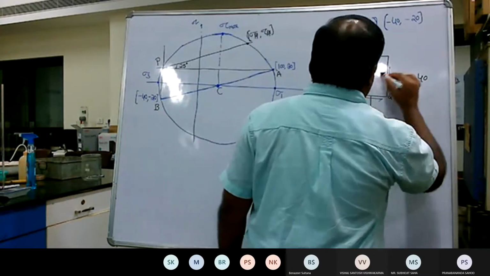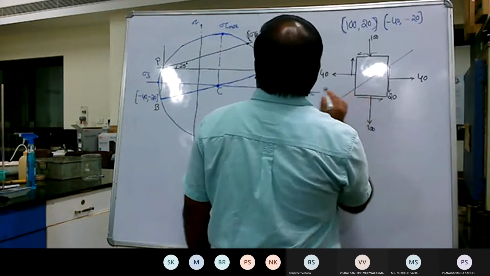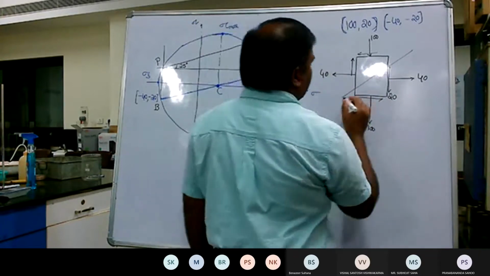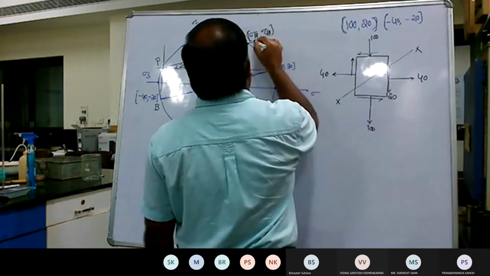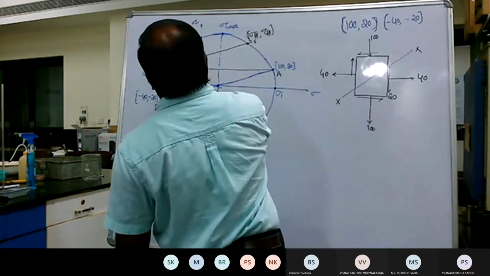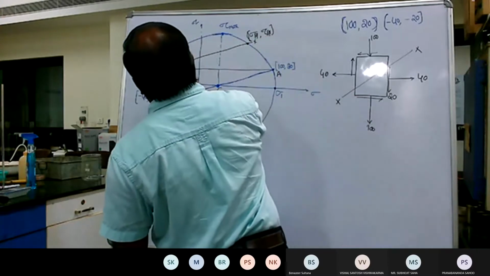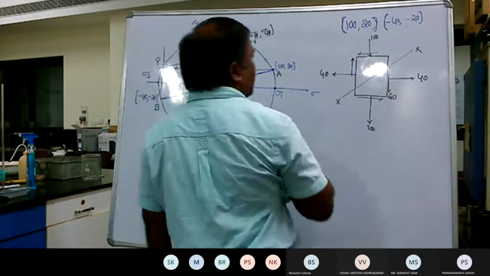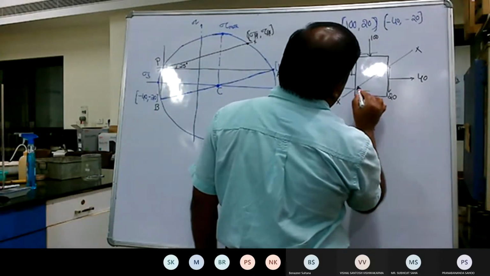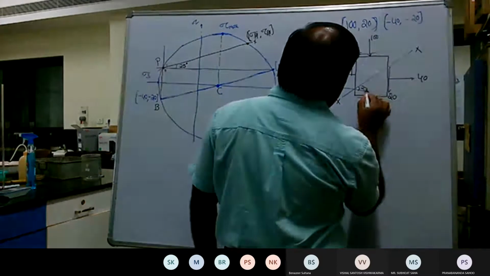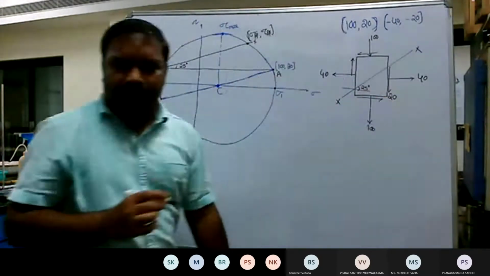Now you draw a plane, say plane XX, which makes an inclination of 25 degrees.